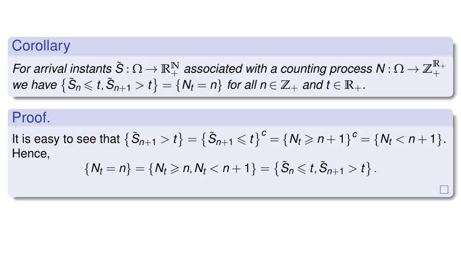Therefore, the event N t equals n can be written as N t is greater than or equal to n and N t is less than n plus 1, which using the lemma again translates to S tilde n is less than or equal to t and S tilde n plus 1 is greater than t.